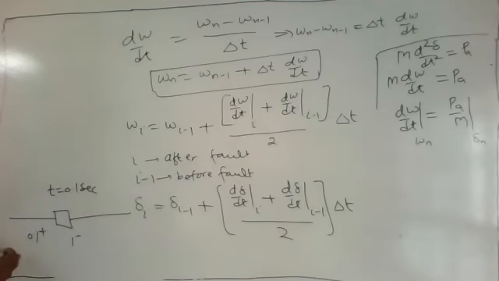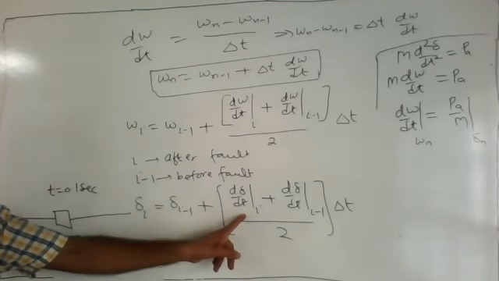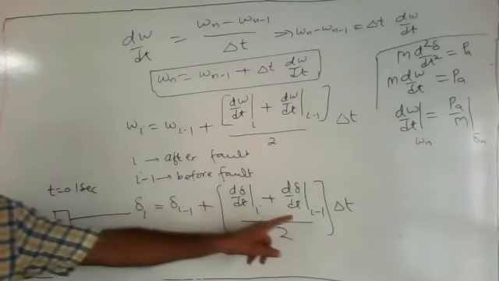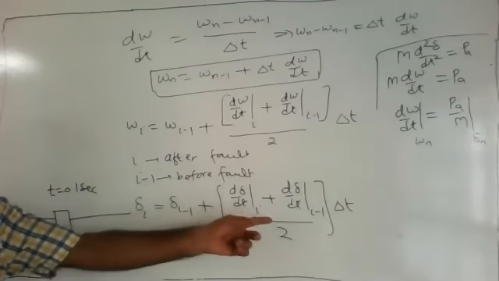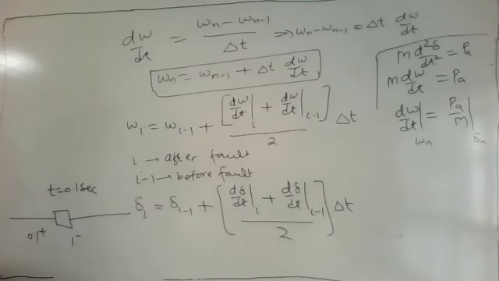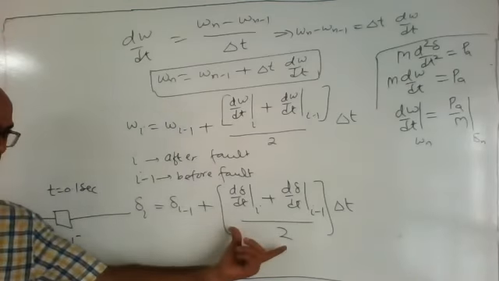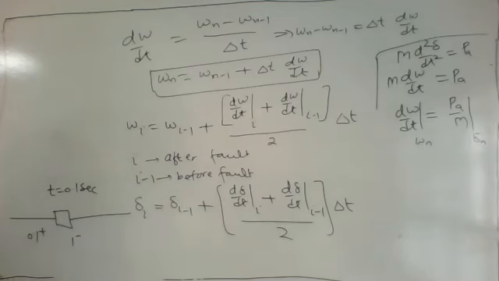So before fault is this position and after fault is the i position. We compute these things before and after fault, then take the average. In that way we have to iterate again and again.